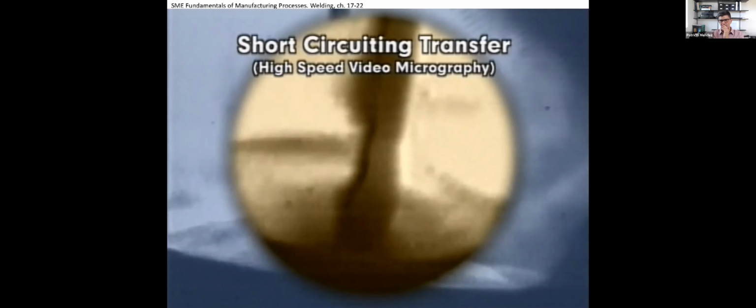The short-circuiting transfer mode encompasses the lowest range of welding currents and electrode diameters associated with gas metal arc welding. Metal is transferred from the electrode to the work only during intervals of controlled short circuits.